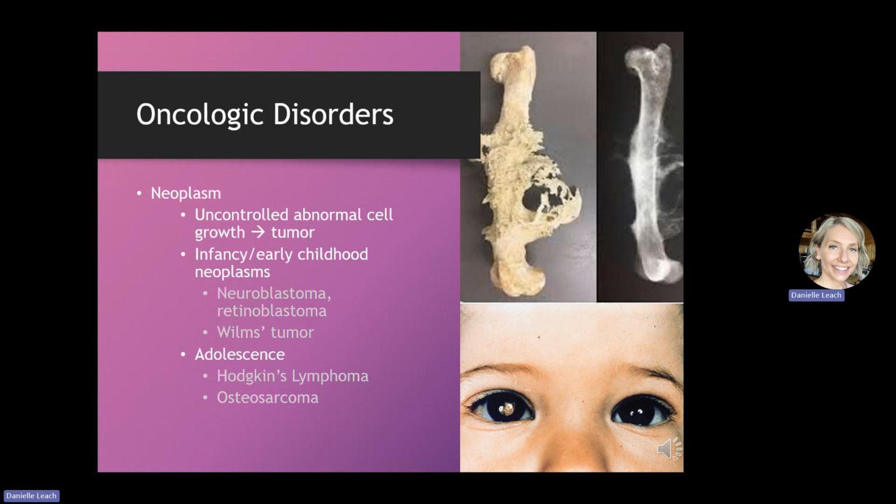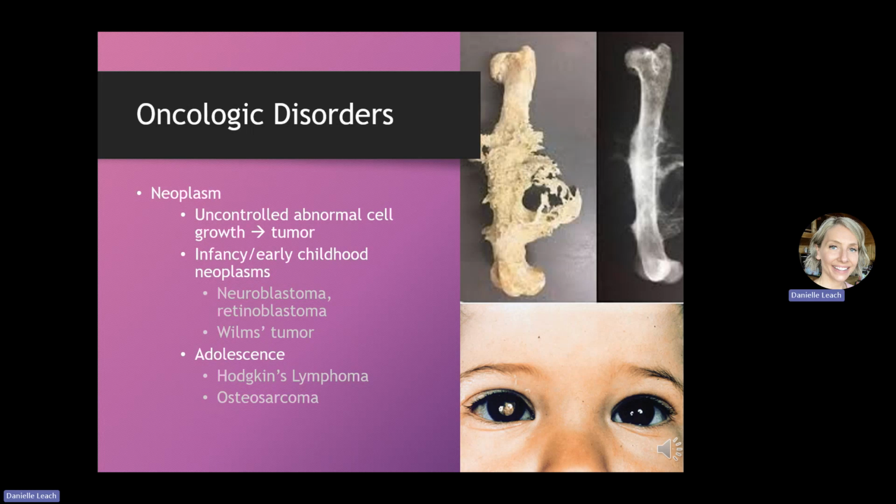Another is retinoblastoma, which is the bottom picture of that child's eyes, basically cancer of the retina. You may not see the red reflex in the eye when you're assessing a child if they have a retinoblastoma. Wilms tumor, we will talk more about in a moment.